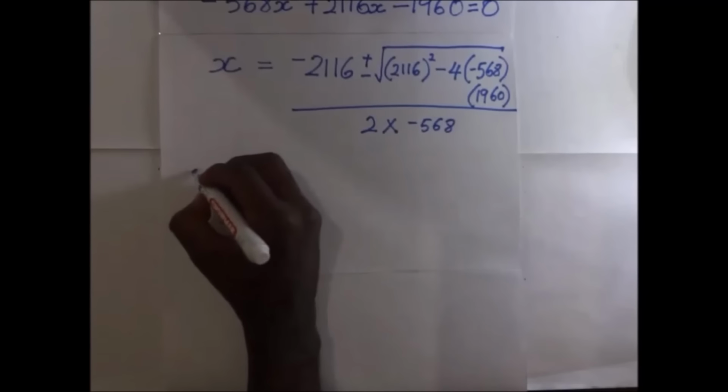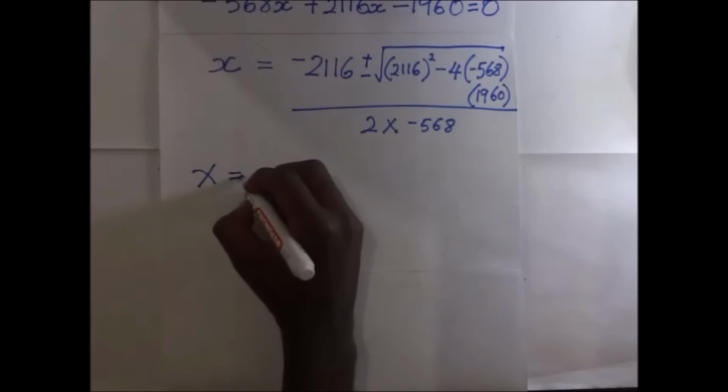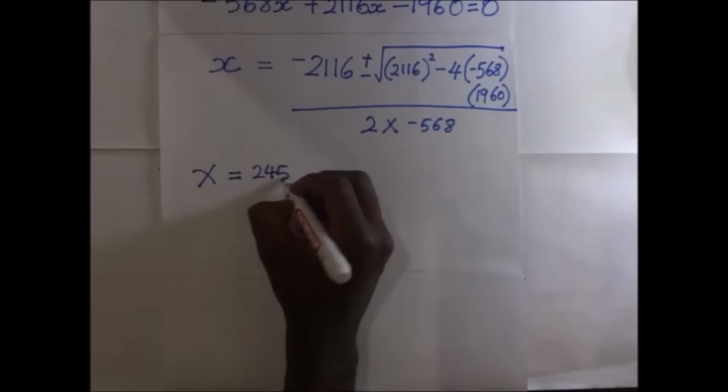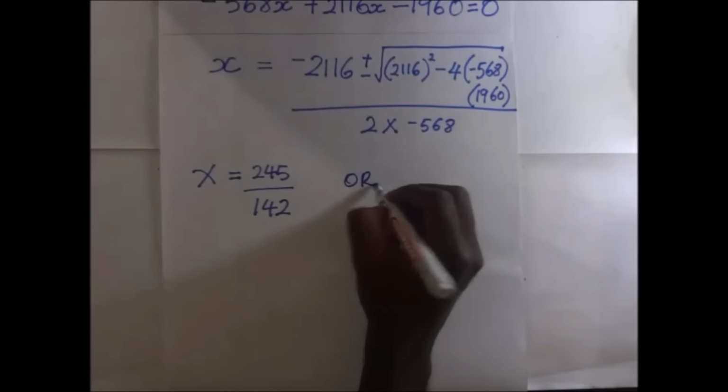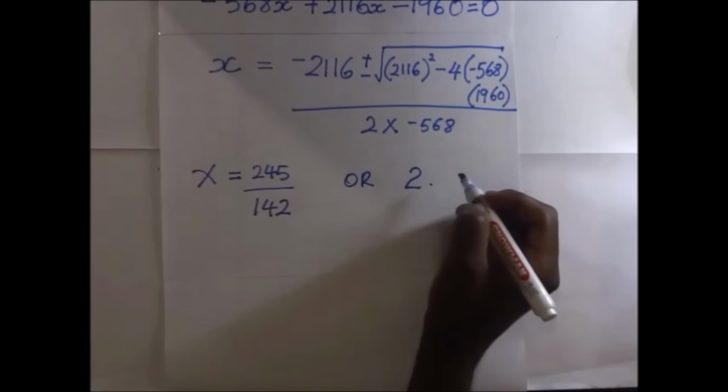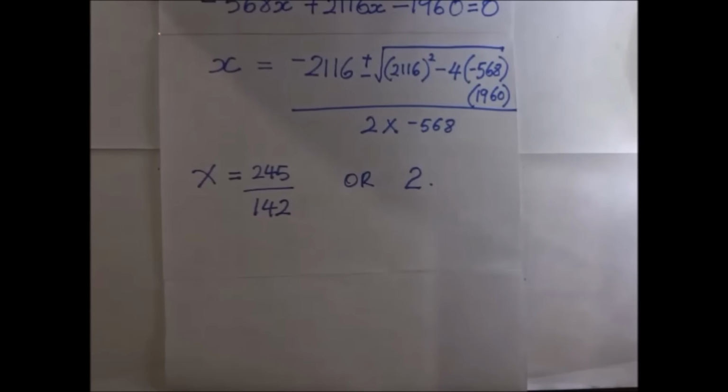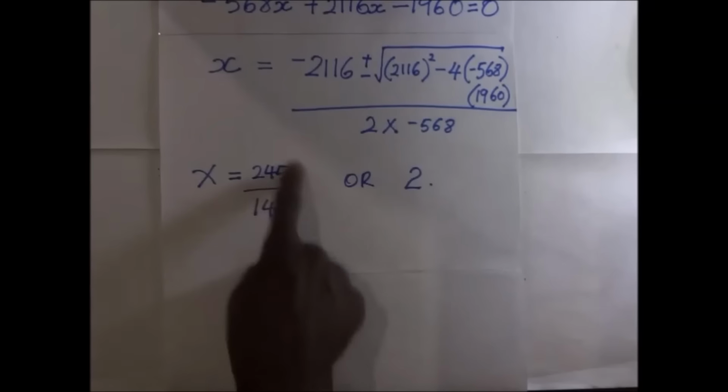So in there, our value of x will either be 245 over 142, or it's going to be 2. So now here, after getting our values of x, it's either this or that.